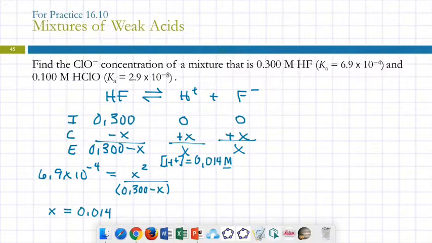Is that answering the question we're asked? No. We're asked what the hypochlorite ion concentration is. So that's going to come from this other weak acid.